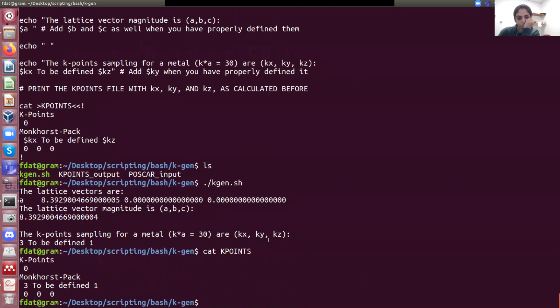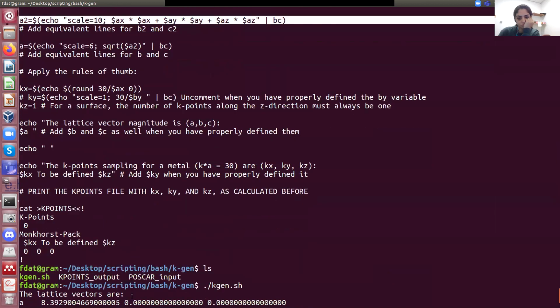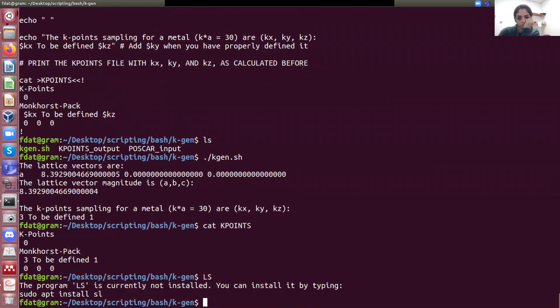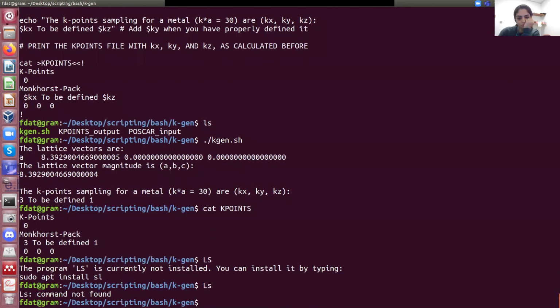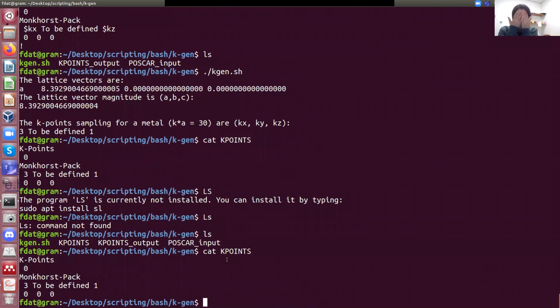For instance, you see that before, in the folder, we didn't have KPOINTS alone, we just had the KPOINTS output. Now the script generates a KPOINTS file. So we are almost done, and it's already generated in a good way, but the problem is that here we are missing one value, because you need to complete the script.